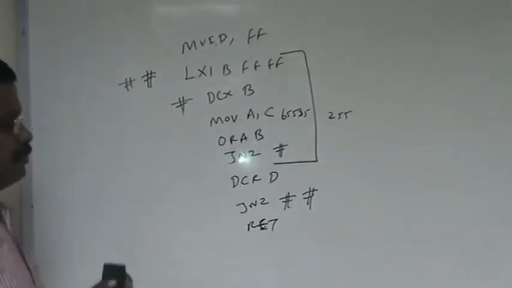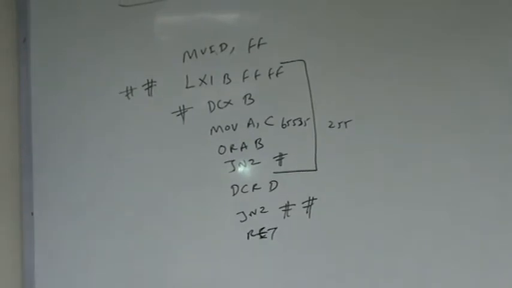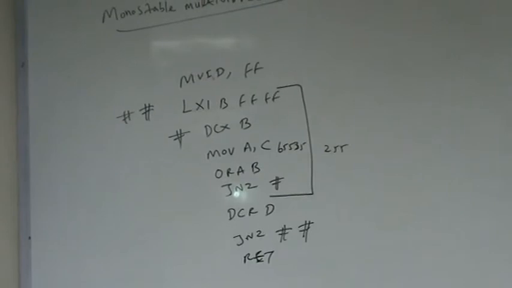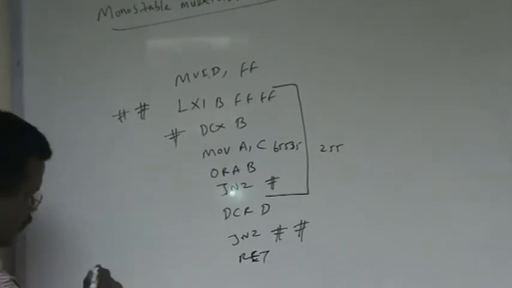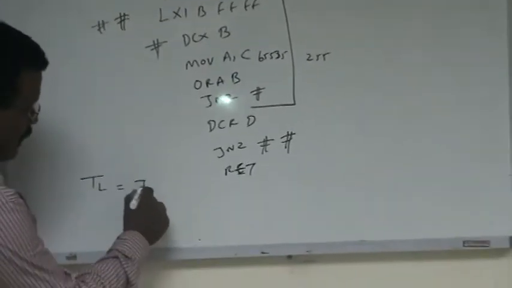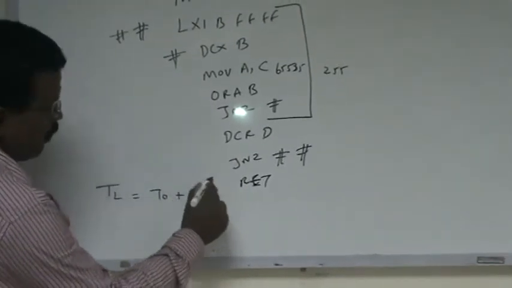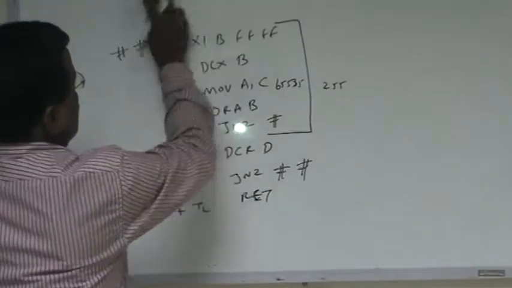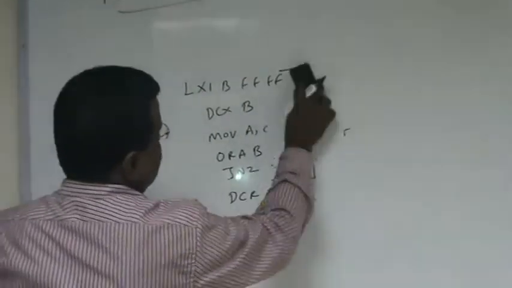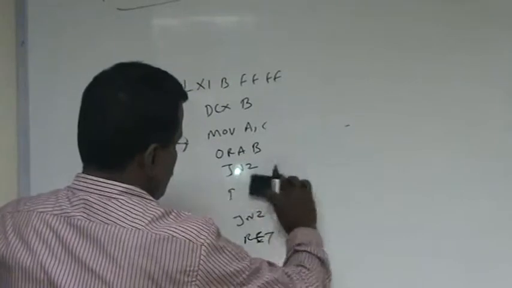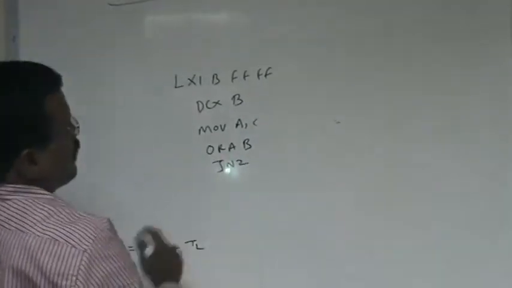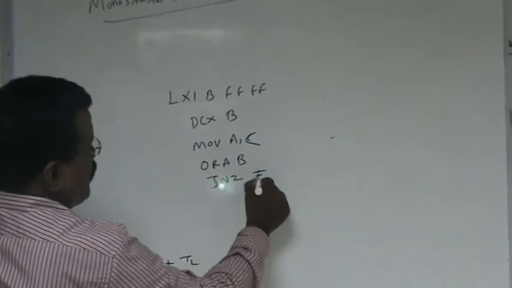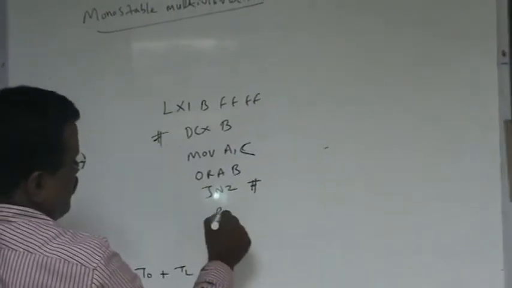But generally in programming they will ask you to write a delay program for getting, say, 2 millisecond delay. In this case, the total time delay is given by T0 plus TL. Now you should write a program like this. Let us take a simple case: MOV A,C, ORA A, JNZ, and return.